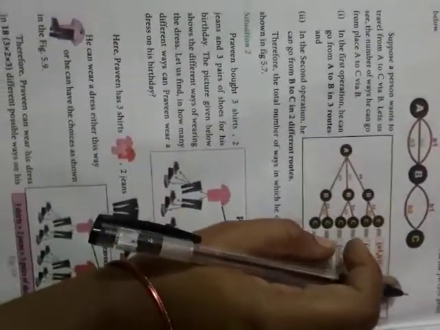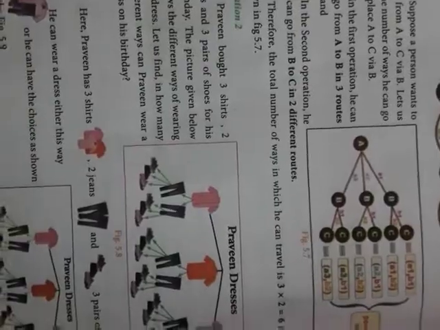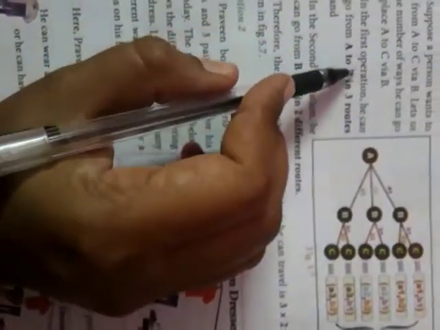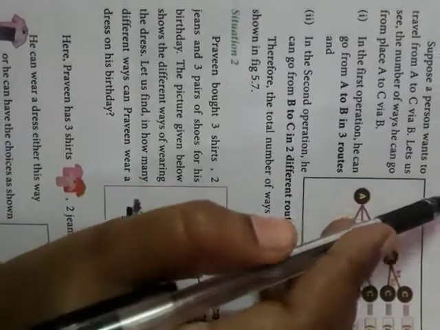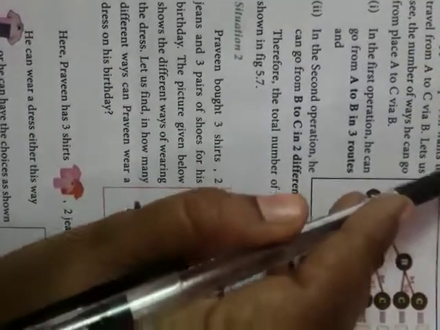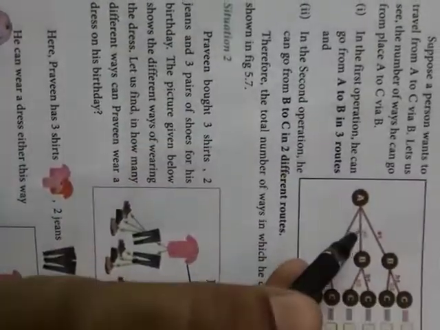So how will you find out how many ways are possible to go to the three places? It is very easy. In the first operation, he can go from A to B in three routes, A1, A2, A3. Up to this diagram is the question.